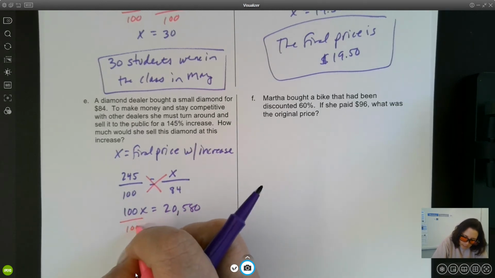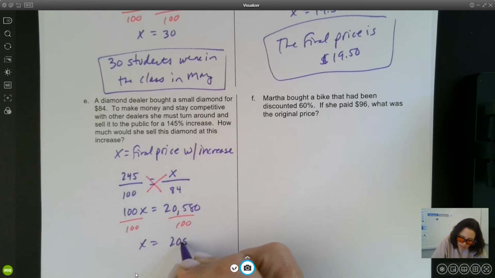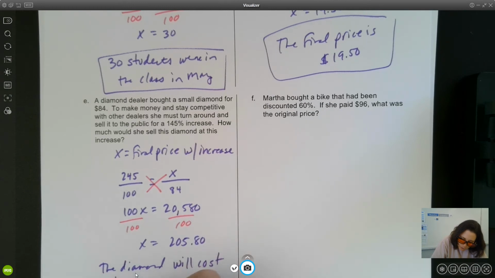When you divide by 100, you get $205.80. So the diamond will cost $205.80 with the increase.